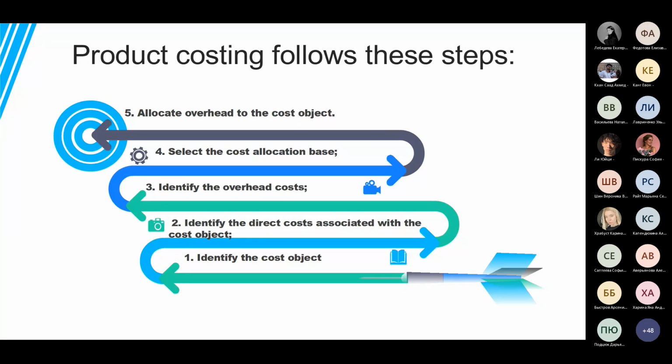Then we select the cost allocation basis and allocate overhead to the cost objects. So cost driver and cost allocation basis are very similar definitions, because we use the cost driver to select the proper allocation basis.